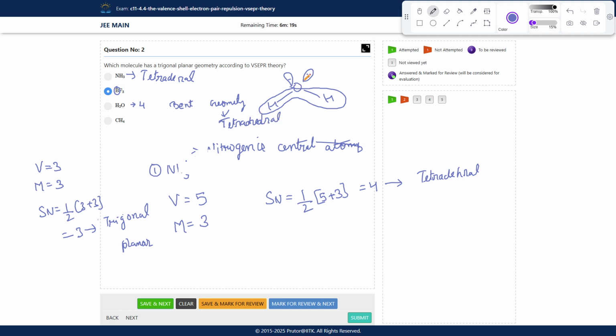We don't have to worry about lone pair and bond pair; both are included in the geometry. Similarly, your CH4 will have no lone pair. Therefore, both the geometry and the shape will be tetrahedral for CH4. I guess this is clear to you. If you have a doubt, you can ask it right now about any of these.